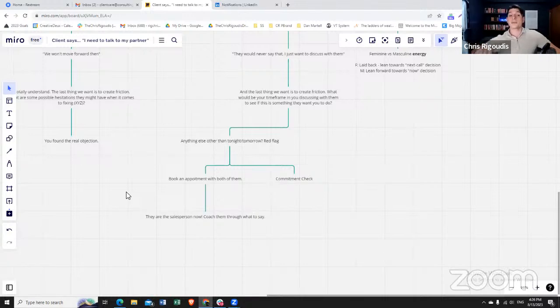How am I going to prevent that? I want to empower them. I want to coach them through how they can sell their partner on this. I can use this language.